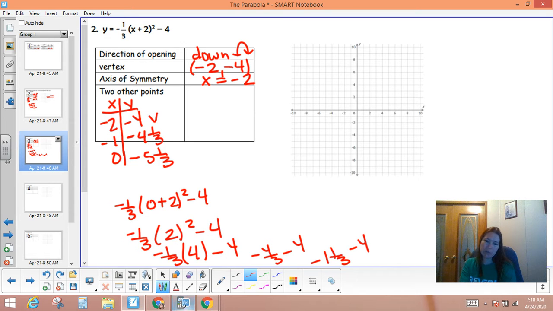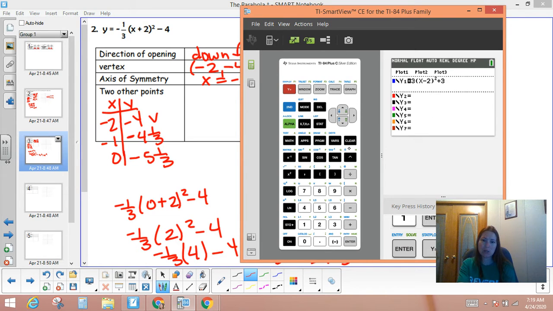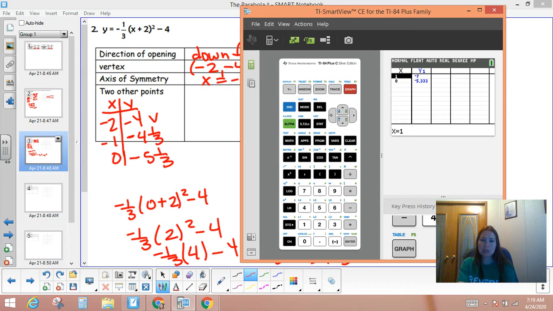All right, so if I wanted to do this with my calculator, this one we don't have to do things backwards because we are in the right form anyway. So we're going to say -1/3 and then x plus 2 squared minus 4. Then we go second graph.